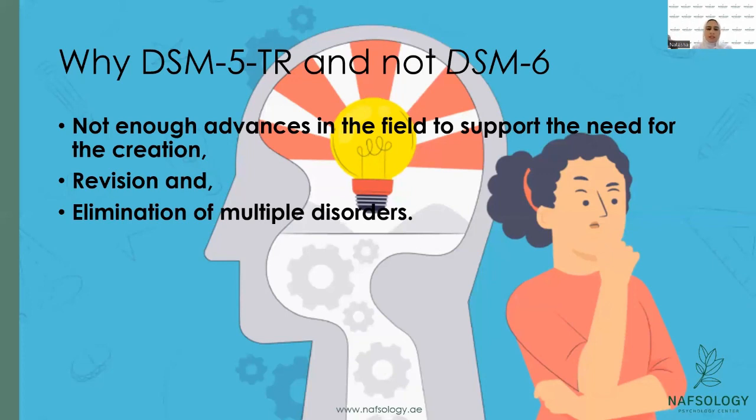There weren't enough new disorders that needed to be added or deleted from the DSM. So instead of calling it DSM-6, they gave it the name DSM-5-TR, meaning that only the text was updated or revised.